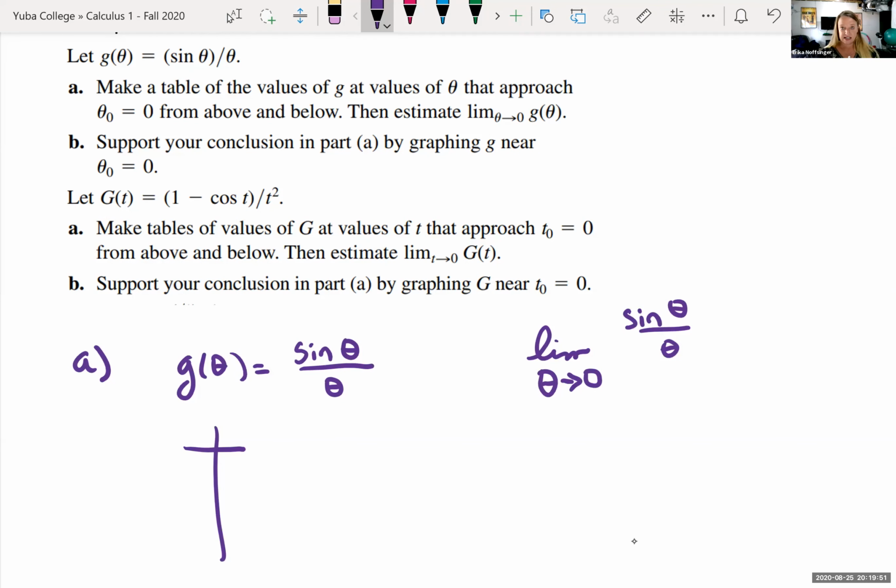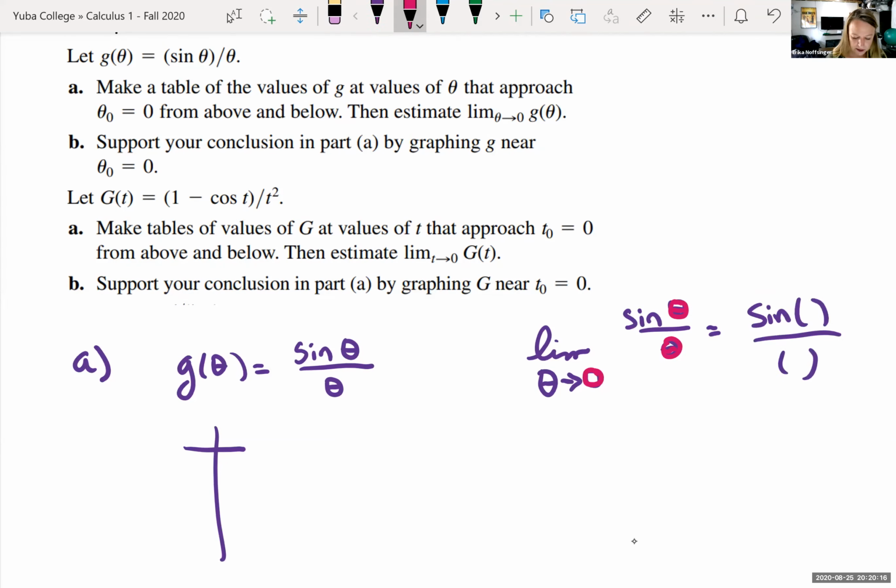So actually, this is an example right now that we would not be able to manipulate. If I went to solve this algebraically, which is the first thing I would try to do, by plugging in 0 wherever I see a theta in my function, notice what we get back. This would equal sine of 0 all over 0.